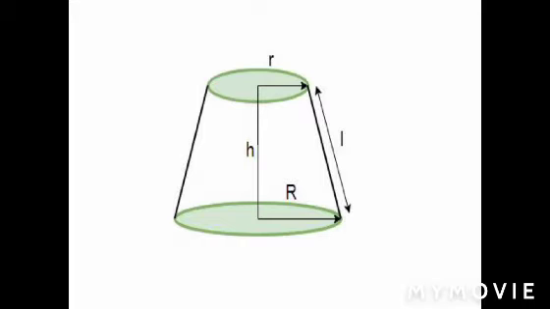Therefore, we have two circles, the top and the bottom. We also have the height, represented by h, which is our perpendicular height, and of course the slant height. We can calculate the volume of a frustum using the ratio of the radius of the top part to the radius of the bottom part, which is equal to the ratio of the height of the small cone on top to the height of the frustum plus the height of the small cone which was cut.